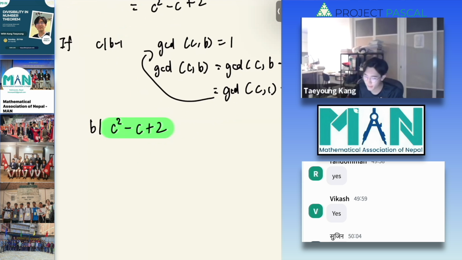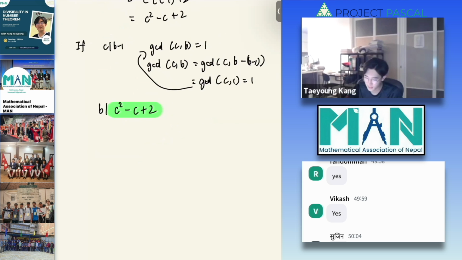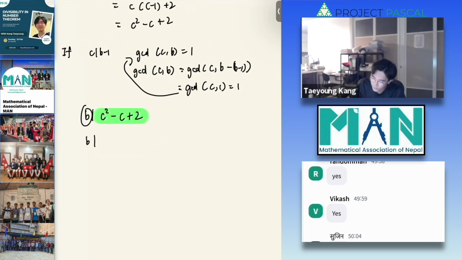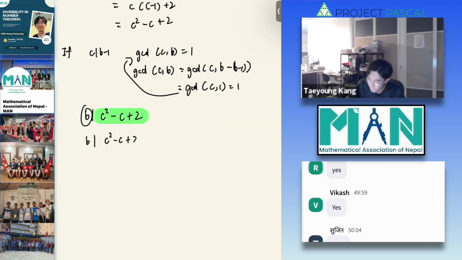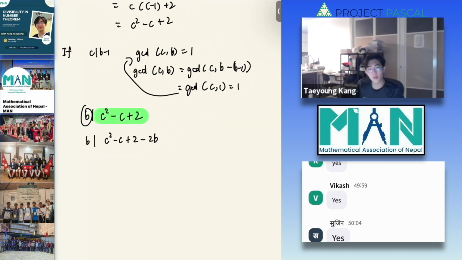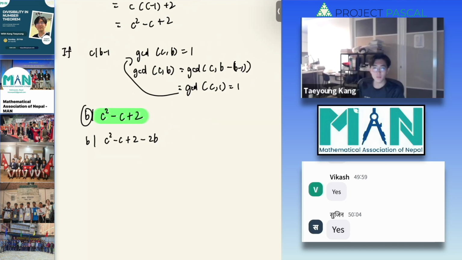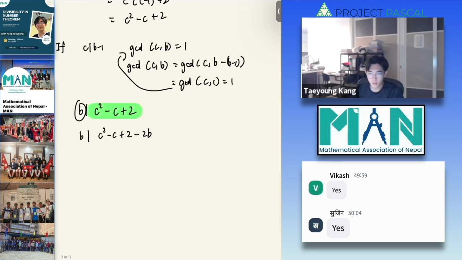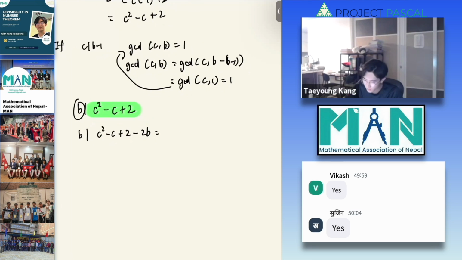The way we can make the left hand side a degree 2 expression is by noticing that B also divides C squared minus C plus 2 minus 2B. You guys agree? This is equal to C squared minus C minus 2 times B minus 1.